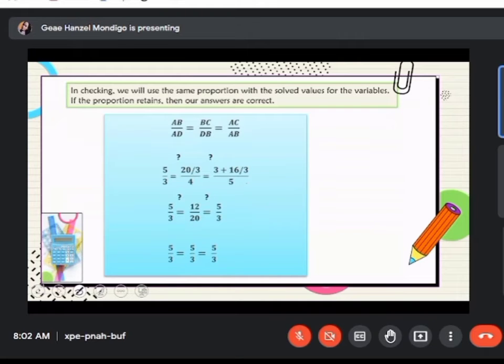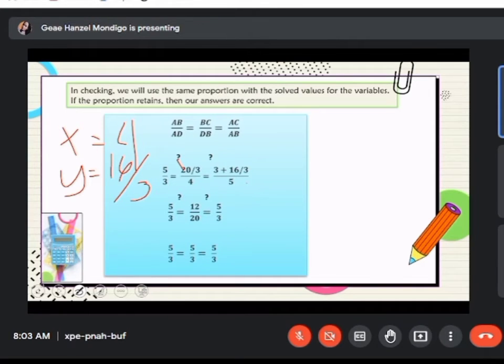Then substitute BC, which is 20, over DB, which is 3... Then simplify all your answers. We have 5 over 3 is equal to 5 over 3 is equal to 5 over 3. So this means that our value of x, which is 4, and our value of y, which is 16 over 3, is correct. Therefore, our values of x and y are correct.